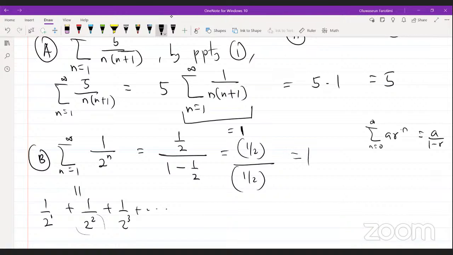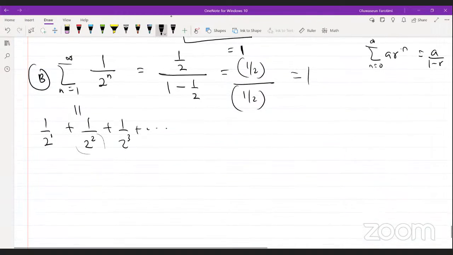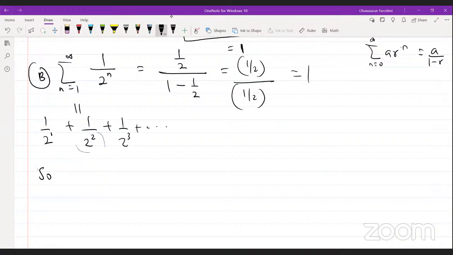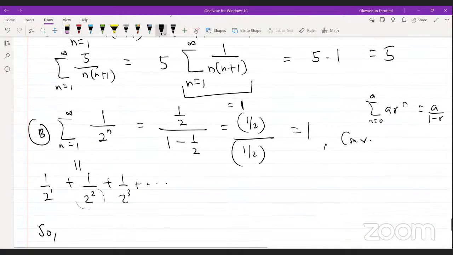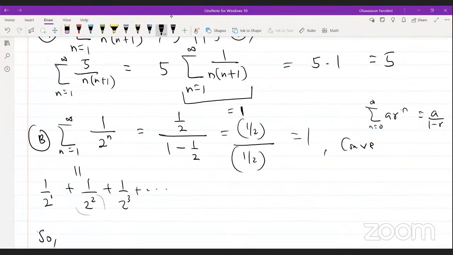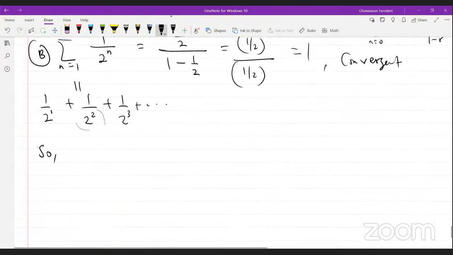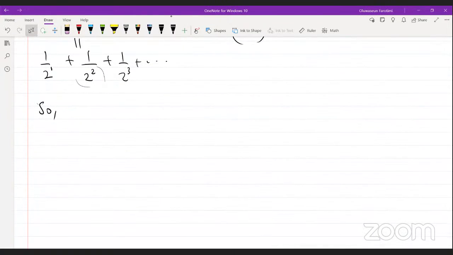This is 1. So this guy, of course, is convergent, because if you can find its sum, then it converges, okay?